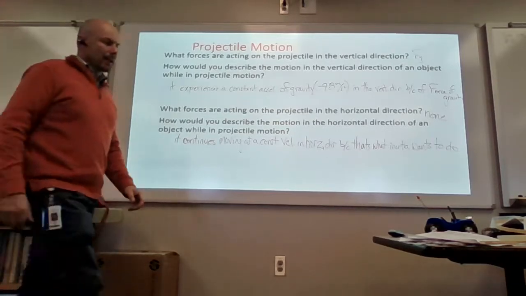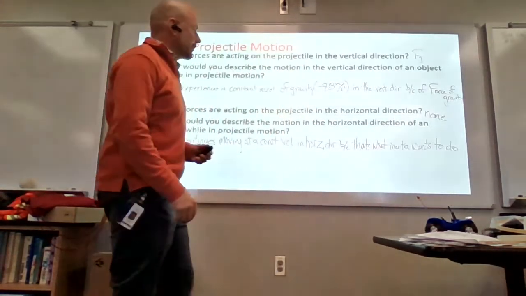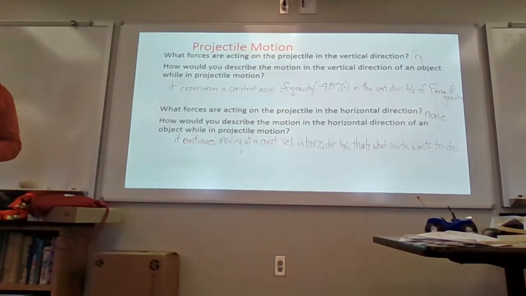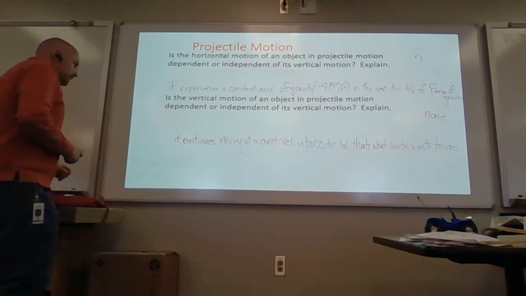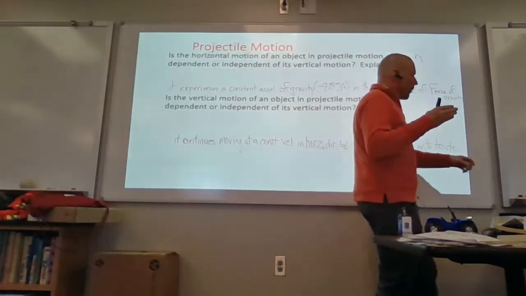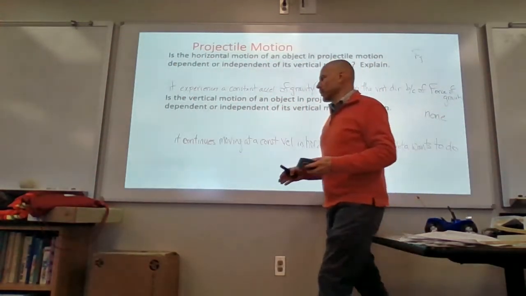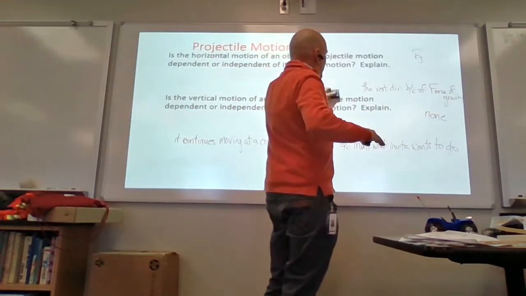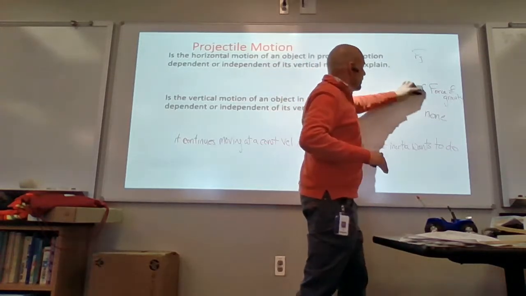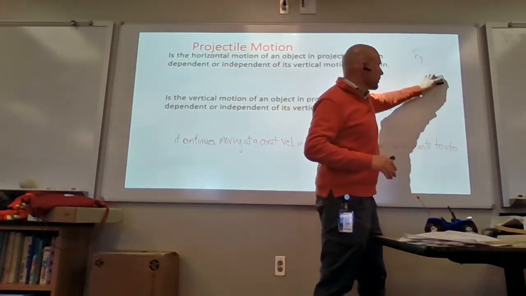Okay, this next slide, I ask a question, but I'm really just going to tell you the answer. I'm just going to make a statement. The statement is both motion and forces in the horizontal direction are independent of forces and motion in the vertical direction.